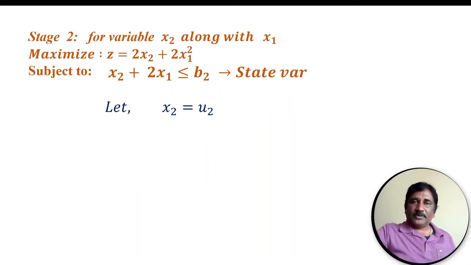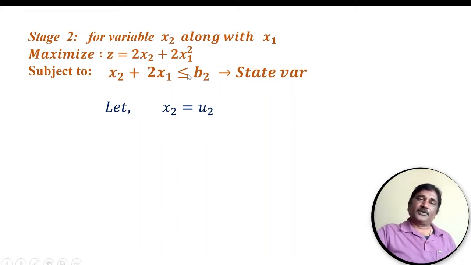I am not saying what remains for x1. That is not proper to be used in the language of dynamic programming, because in dynamic programming we talk in terms of stages, in terms of state. So I need to talk about what remains for the previous stage when I have u2 for this stage. For this stage I am using u2 as the alternative.